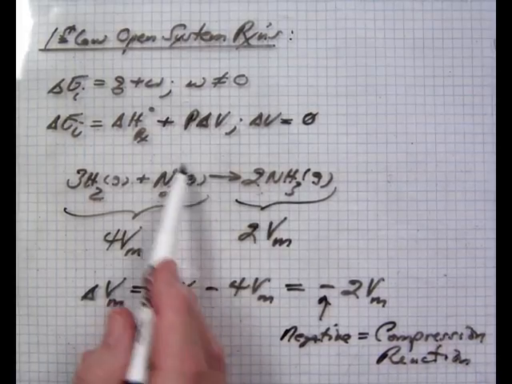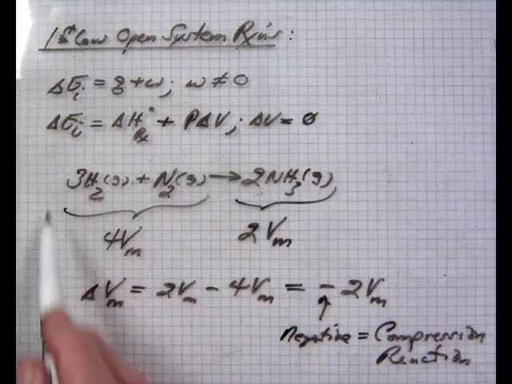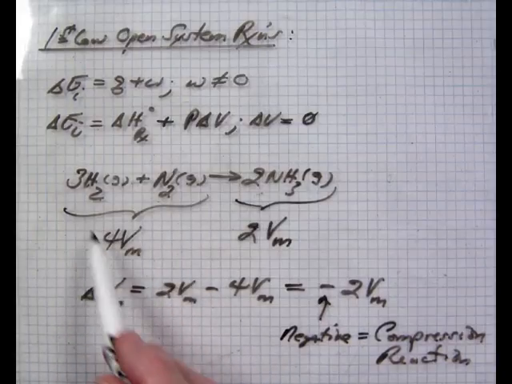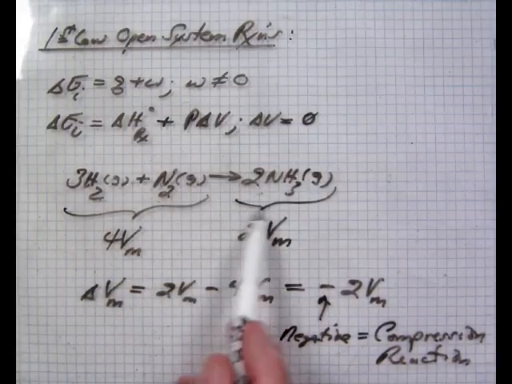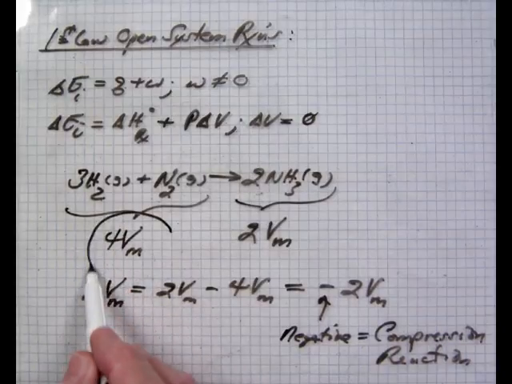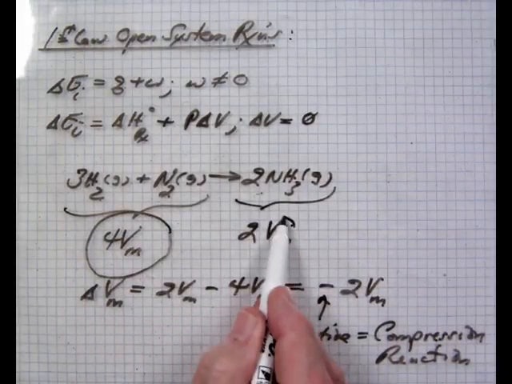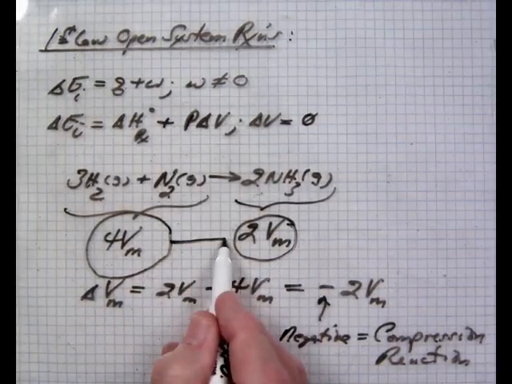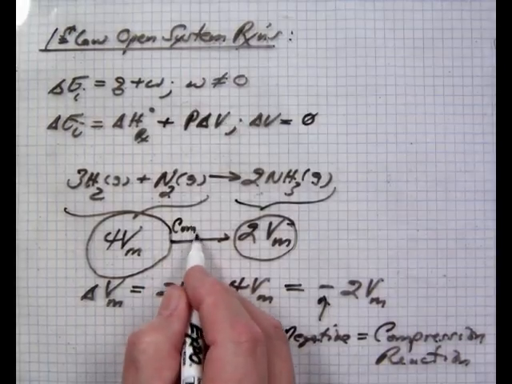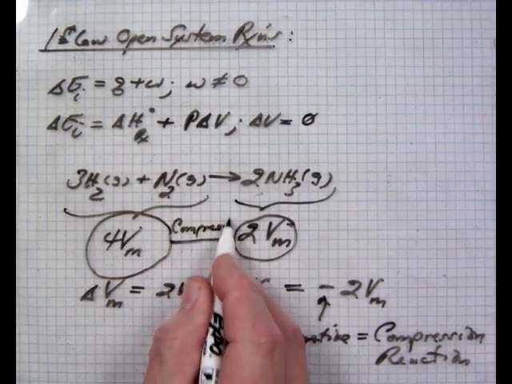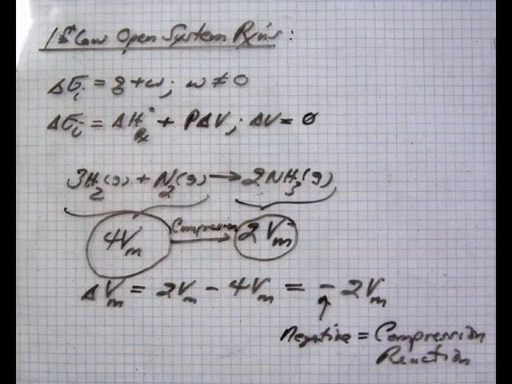Because you're starting with a large volume over here, 4, listen to me, and going to a smaller volume. Large volume to a smaller volume. Compression reaction. Still an open system, but it is a compression reaction.